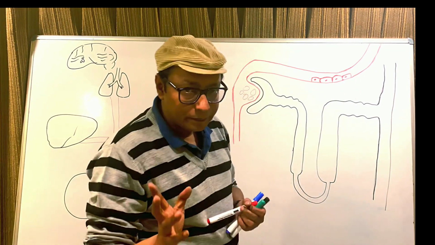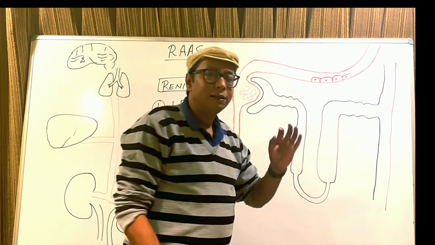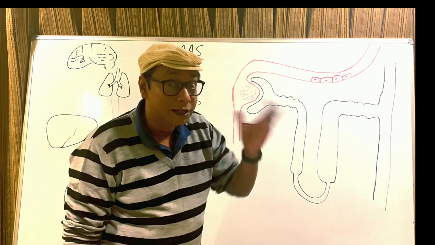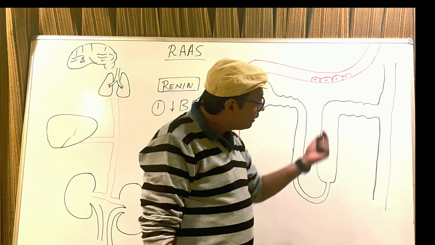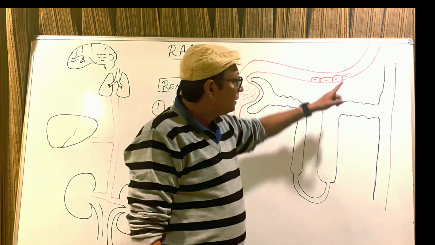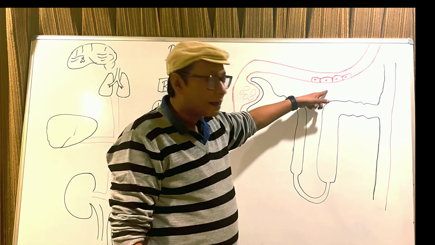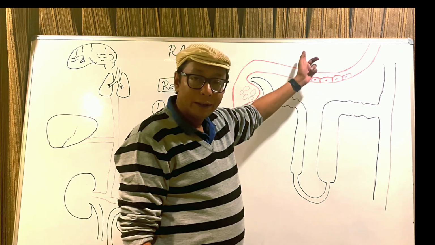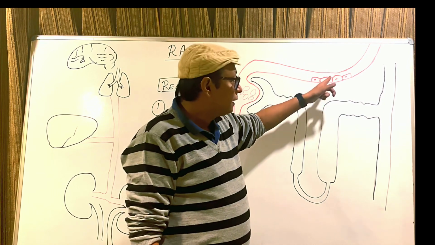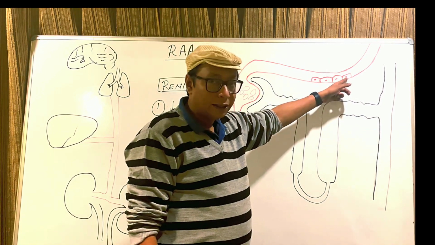And what are they? They are actually the pressure sensors, that is stretch sensors, that is, they are baroreceptors. Whenever there is a drop in BP, these baroreceptors get activated. As a result, renin is liberated from these granules. Why are they called granular cells?